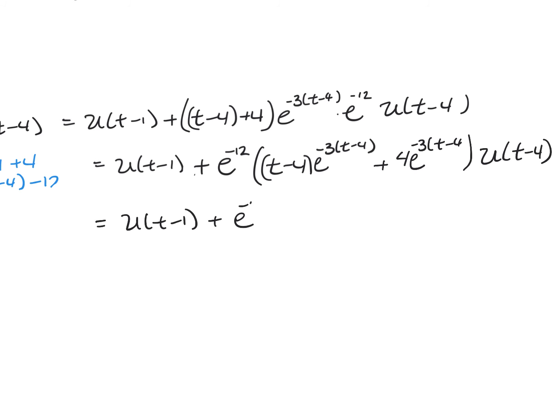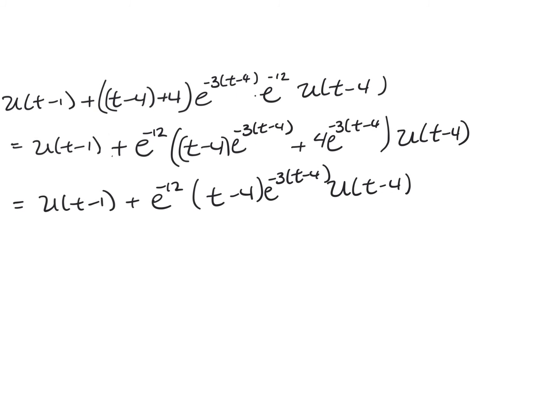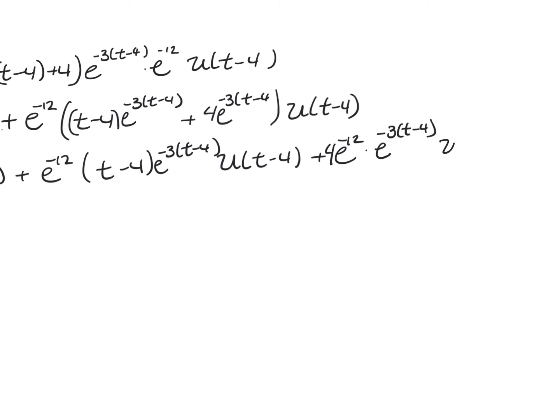So I have e raised to the negative 12 (t minus 4) e raised to the negative 3(t minus 4) multiplied by u of t minus 4, plus e raised to the negative 12 multiplied by 4, multiplied by e raised to the negative 3(t minus 4) u of t minus 4.